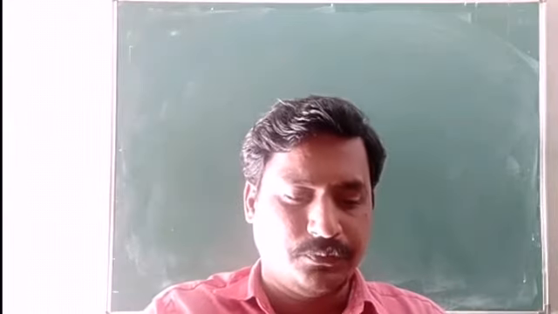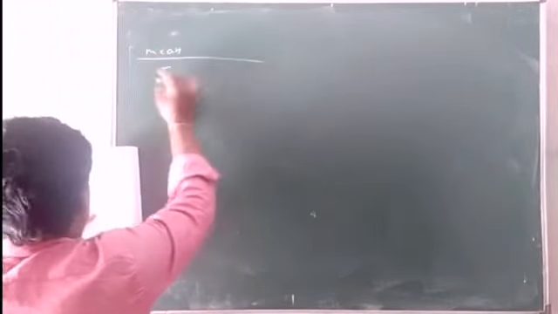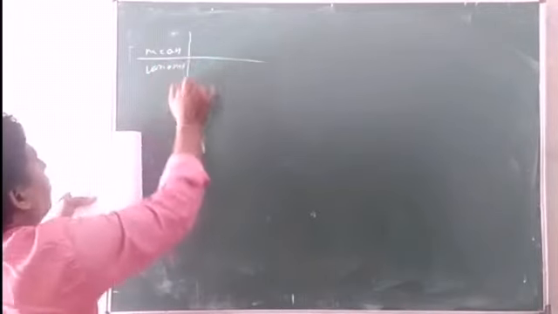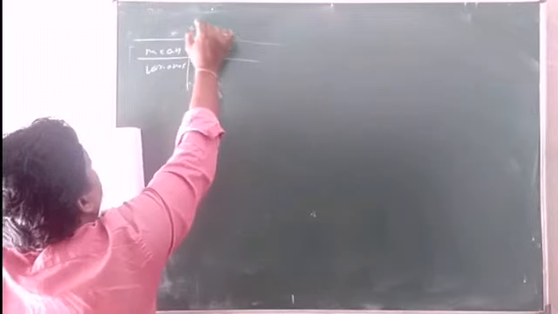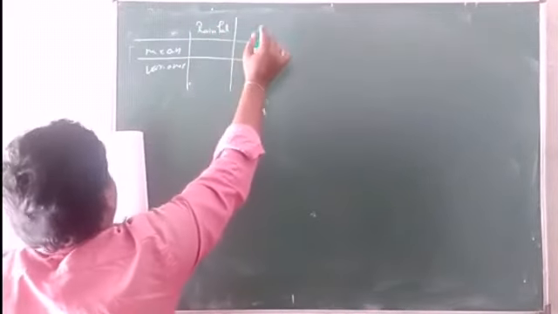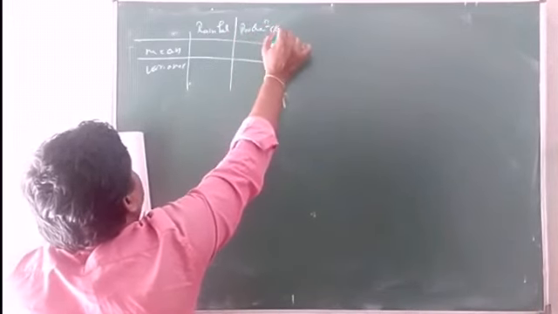Okay. Mean and variance. Rainfall and production of rice.